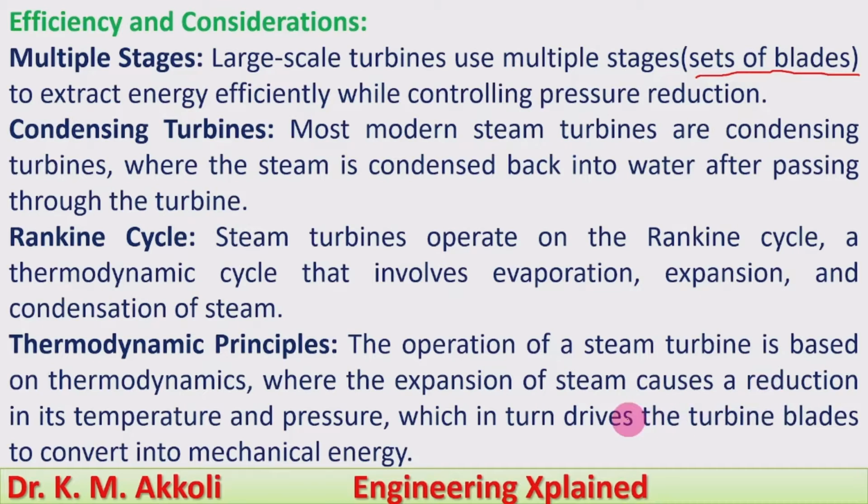The thermal energy present in the steam is converted into mechanical energy, and later that is converted into electrical energy. That is the thermodynamic principle. The heat energy present in the fuel is transferred to the steam, then the heat energy in the steam is converted into mechanical energy. That is the thermodynamic principle used in the steam turbine.